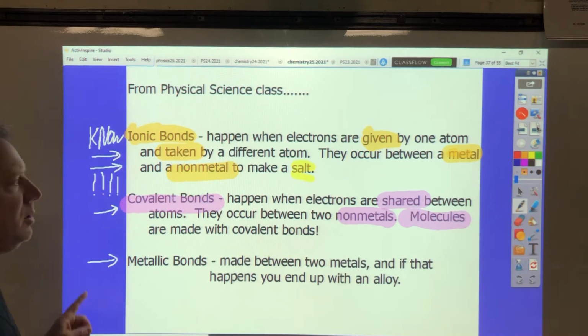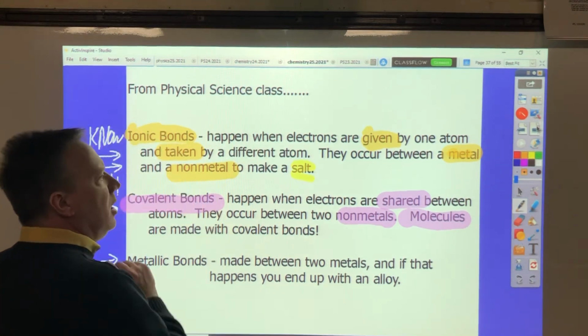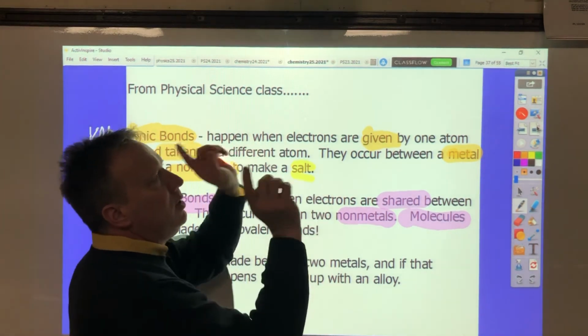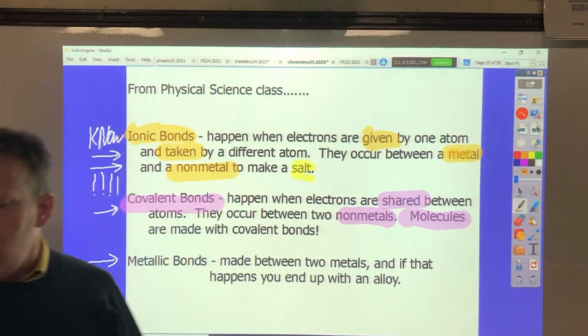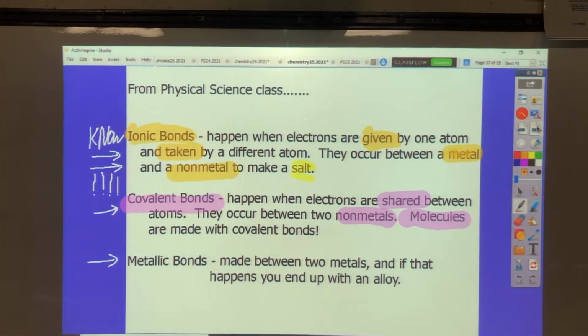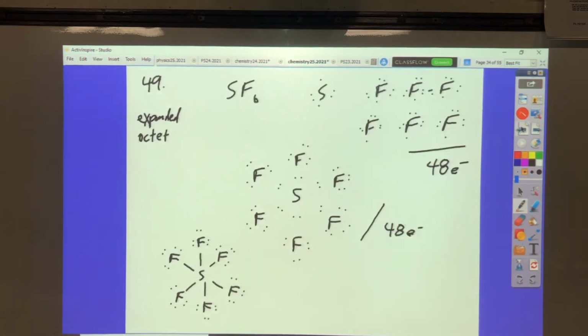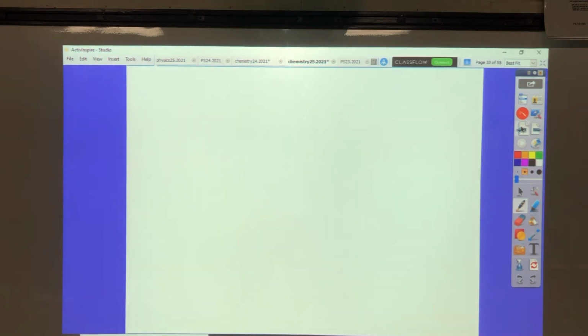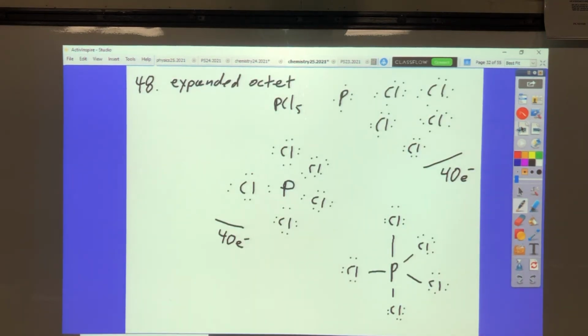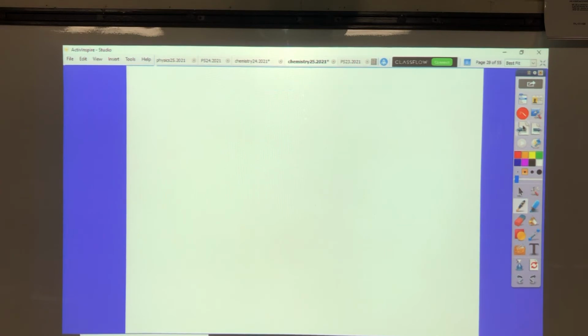A covalent bond happens when electrons are shared between atoms, and they occur between two nonmetals up in the corner. If you go back through all these examples, they're all nonmetals. Sulfur's a nonmetal, fluorine's a nonmetal, phosphorus is a nonmetal, chlorine's a nonmetal. You get the idea.